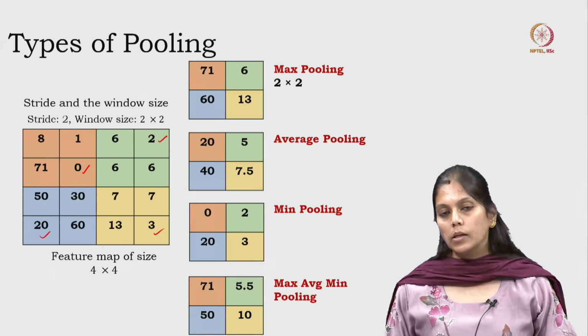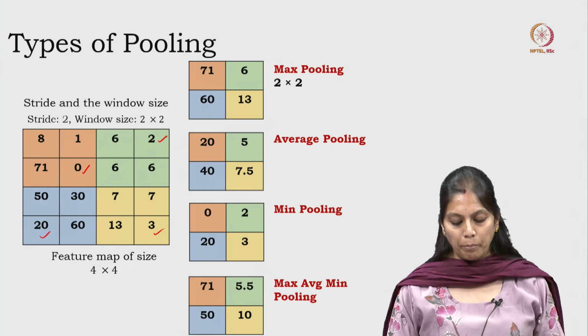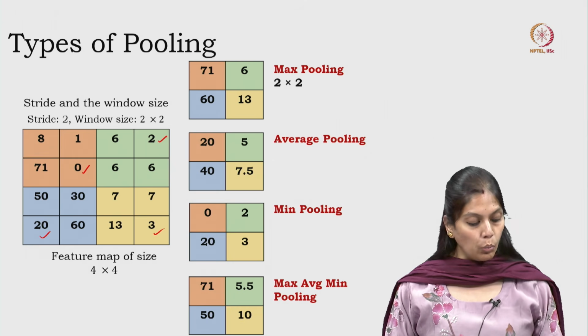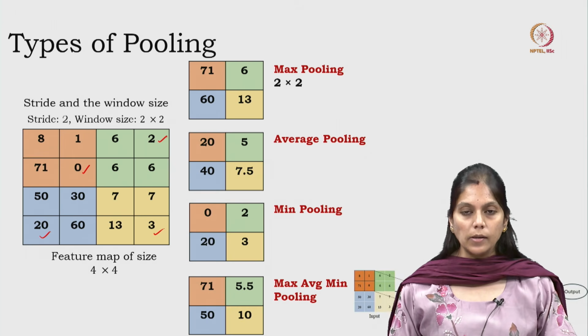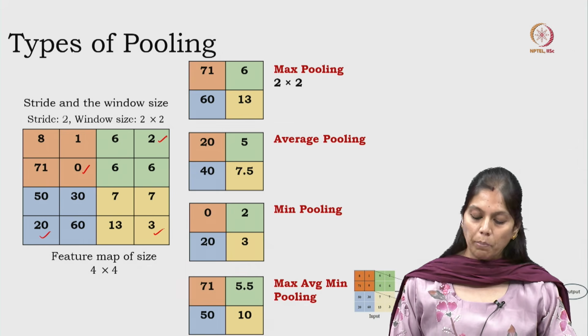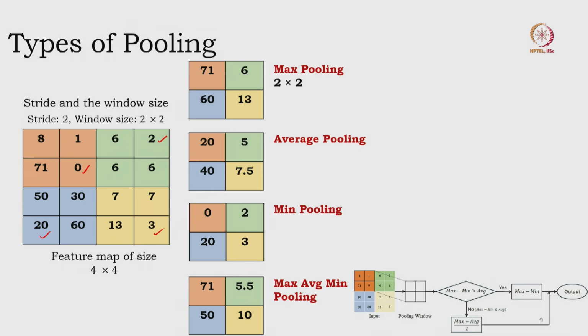Recently I have come across one more pooling, which is max average min pooling. How this pooling works, look into this. This is the mathematical explanation for max average min pooling. We will first calculate max minus minimum.